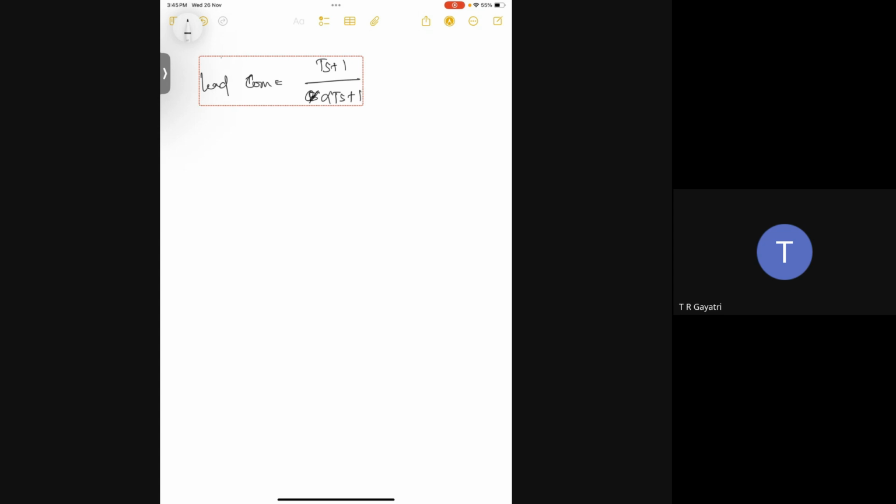In this question, they are asking, if Z is the zero and P is the pole of the compensator, which of the following is true?